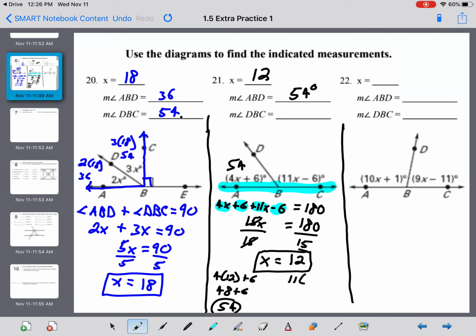DBC is 11 times 12 minus 6. 11 times 12 is 132. Minus 6 makes 126. So angle DBC is 126 degrees.